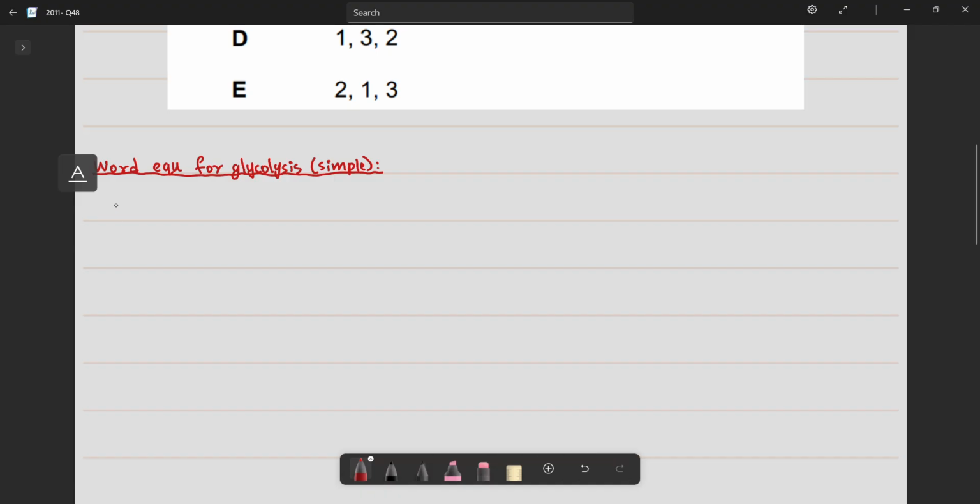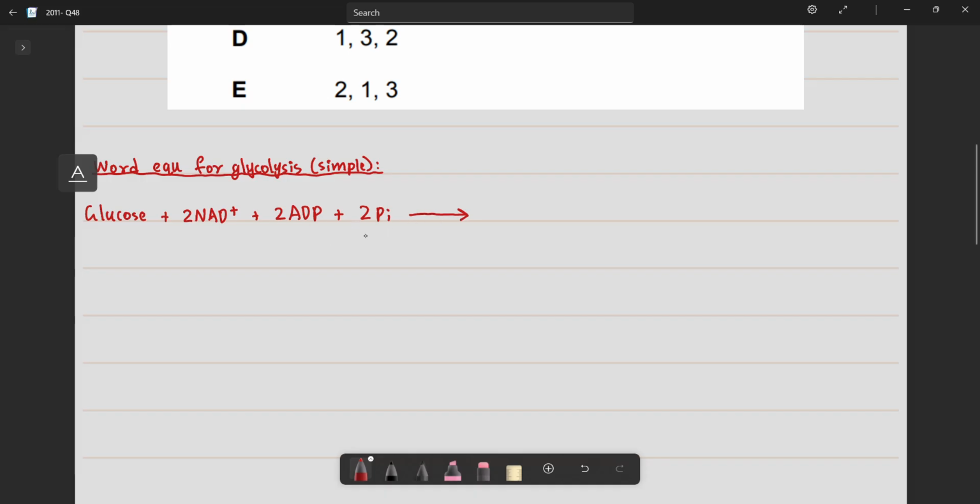The first, main reactant involved is glucose. So glucose plus 2 NAD+ and 2 ADP plus 2 inorganic phosphates, written in short form as Pi.